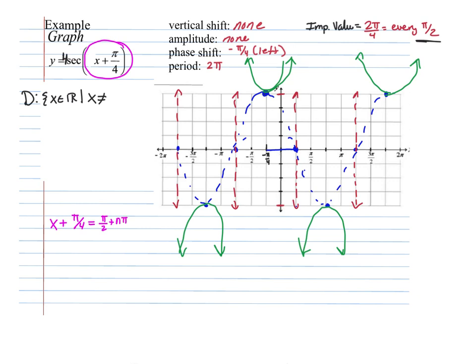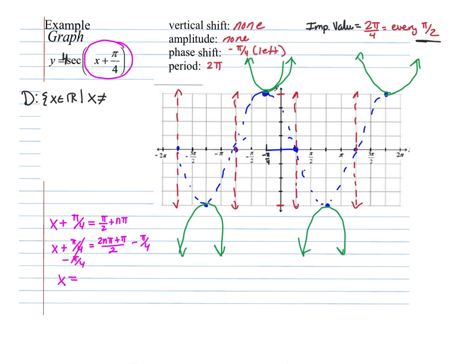We're going to solve for our x. So I suggest that you get a common denominator for the right side just to make things a little bit easier. So I'm going to move the n to the front. That would be 2n pi plus pi over 2. I'm going to subtract the pi over 4 from both sides. That goes away.